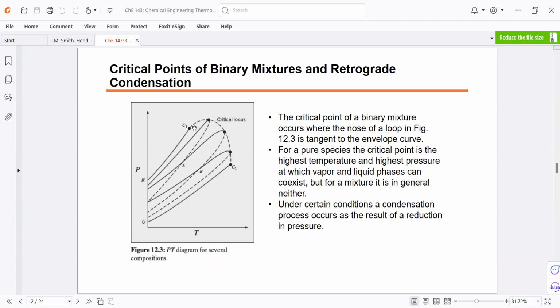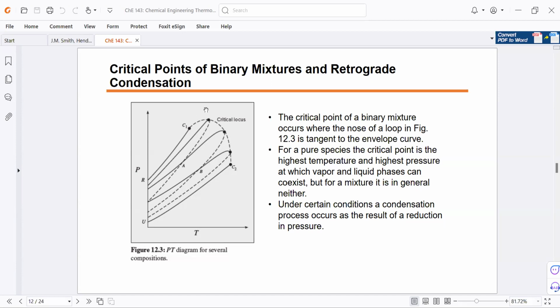As I've mentioned in the last lecture, the curve joining critical point 1 and critical point 2 of the pure species would contain the points at which each of the mixtures would have their own critical points.